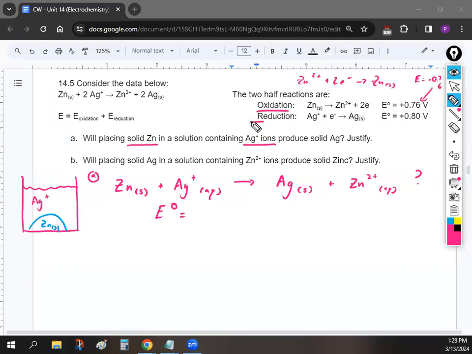But they already tell you it's oxidation and reduction, so you didn't need to flip. Does that answer your question? You only want to flip it when you're trying to make the reaction they're asking for. But here, luckily, we don't need to. It's already the reaction they're asking for, so you can just add it together. Only flip one of them, or actually, both of them if you need to.